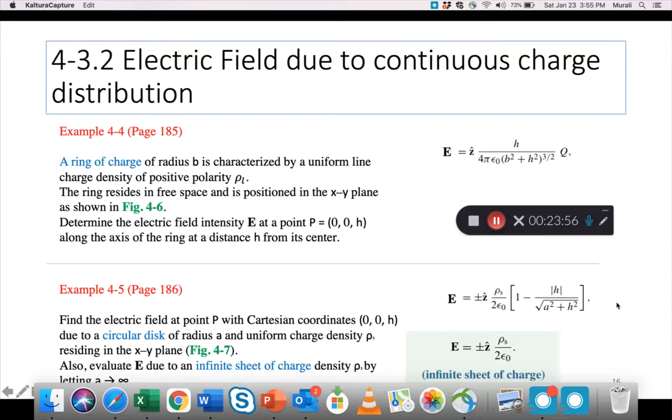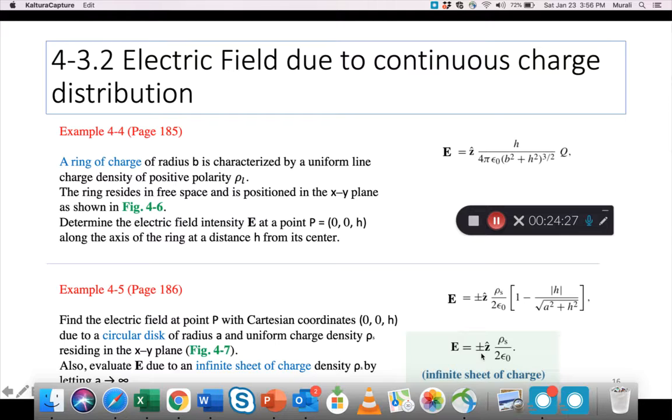You need to remember these formulas, maybe write them down on your cheat sheet. And if the formula is really complicated, I may just give it to you when we are doing a test or something. But you need to know what each of these quantities are, you know, B here, H here, and so on. So please pay some attention to these two examples and learn them. Similarly, going from a circular disc to an infinite sheet of charge.